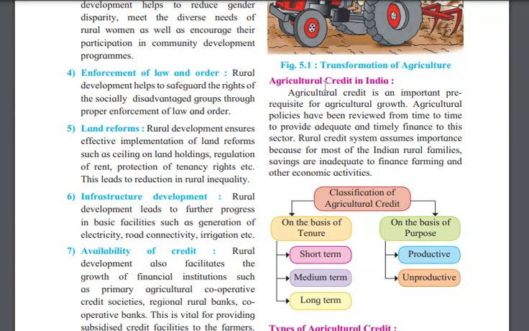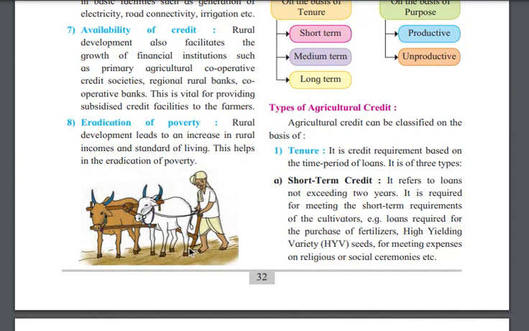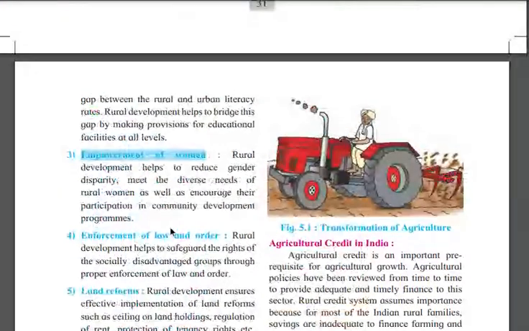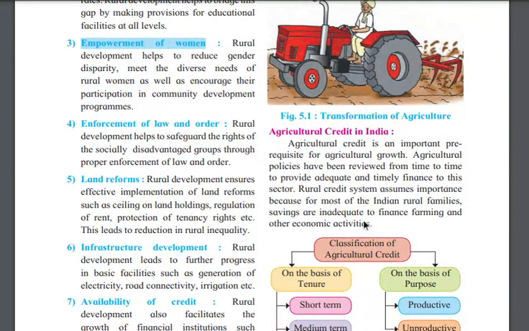We will talk a little bit about agriculture credit. If you see this figure, the people used to do cultivation by using pastoralism, but here they started using the tractor, right? So, agriculture credit in India.